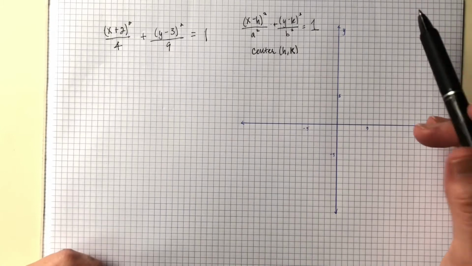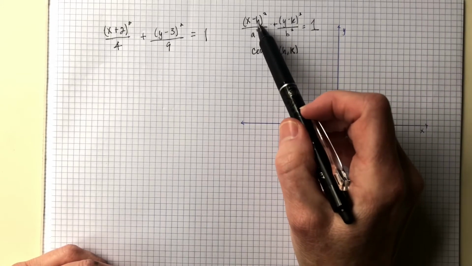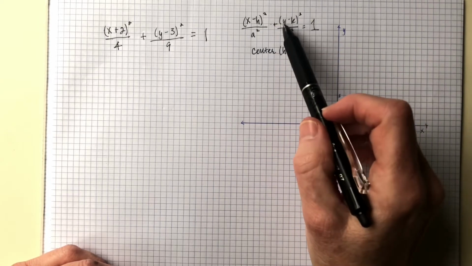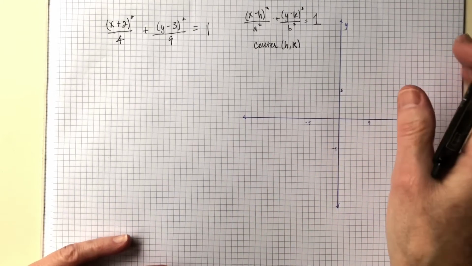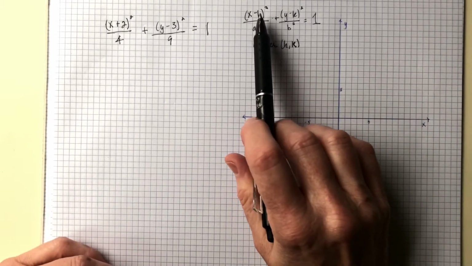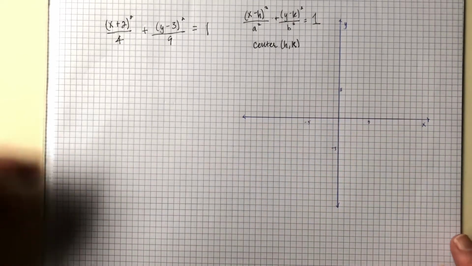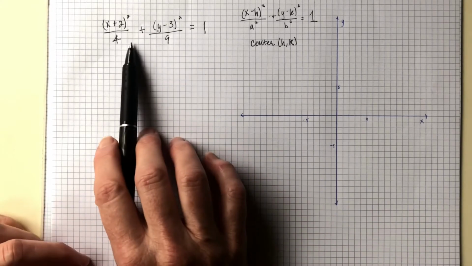So if you are at the origin, the center would be (0, 0), so this term would just be x squared and this term would just be y squared. But as soon as you have a number other than 0 here and/or here, you know you're not going to be at the origin. So that's the case here.